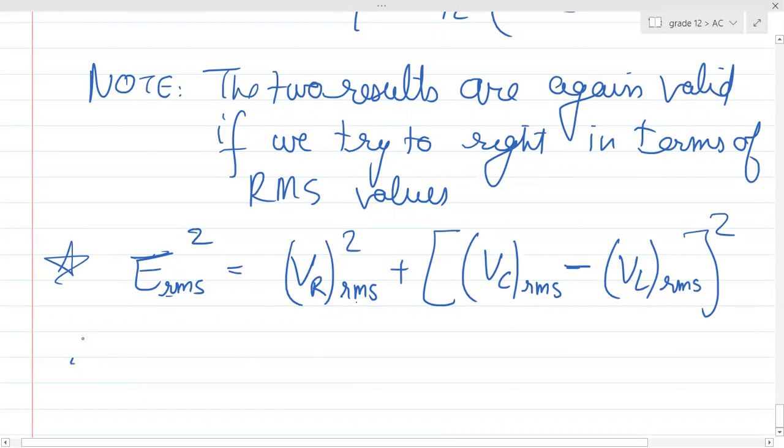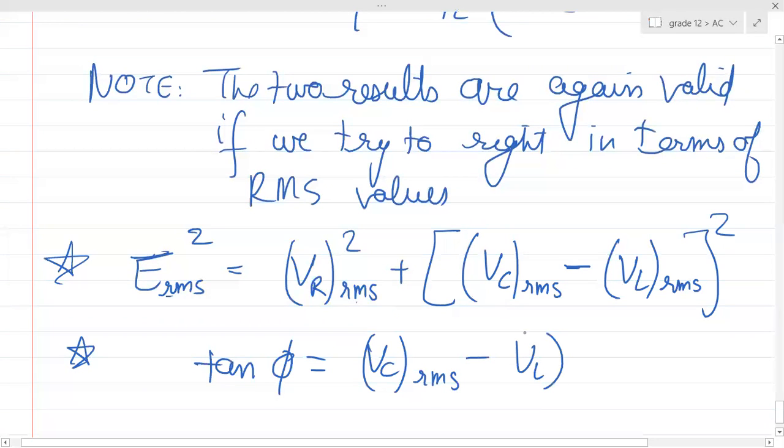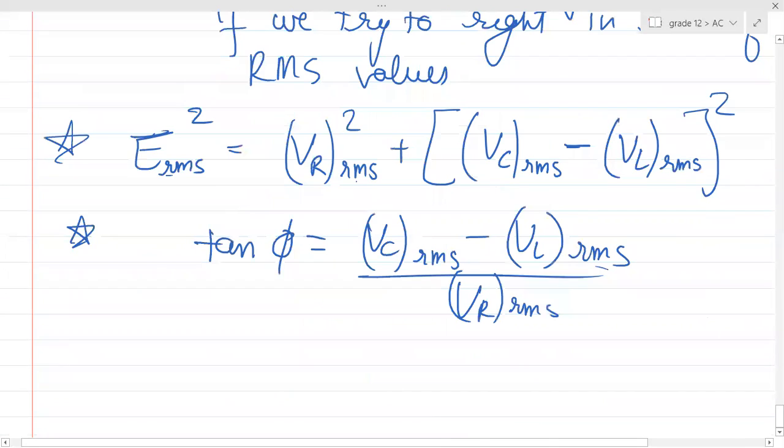And similarly, tan phi is equal to (V_C RMS minus V_L RMS) divided by V_R RMS. So the same formulas I can write again.